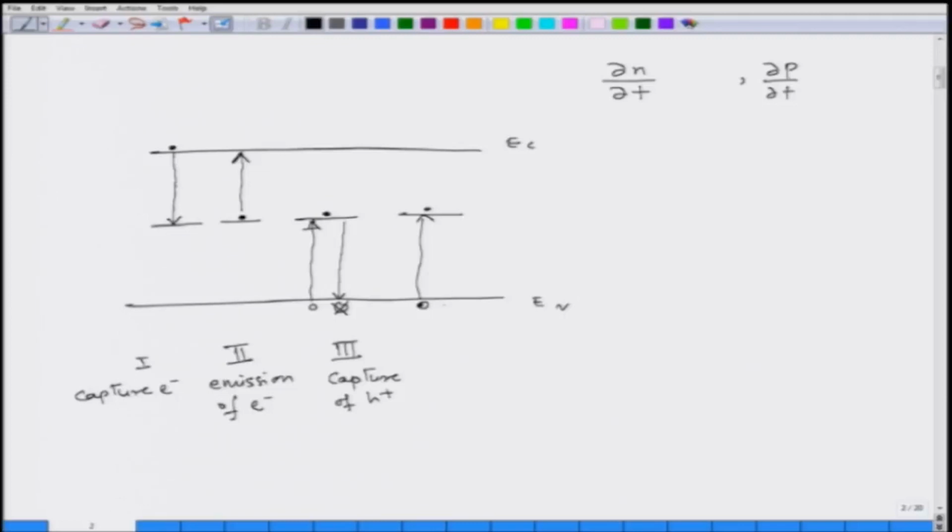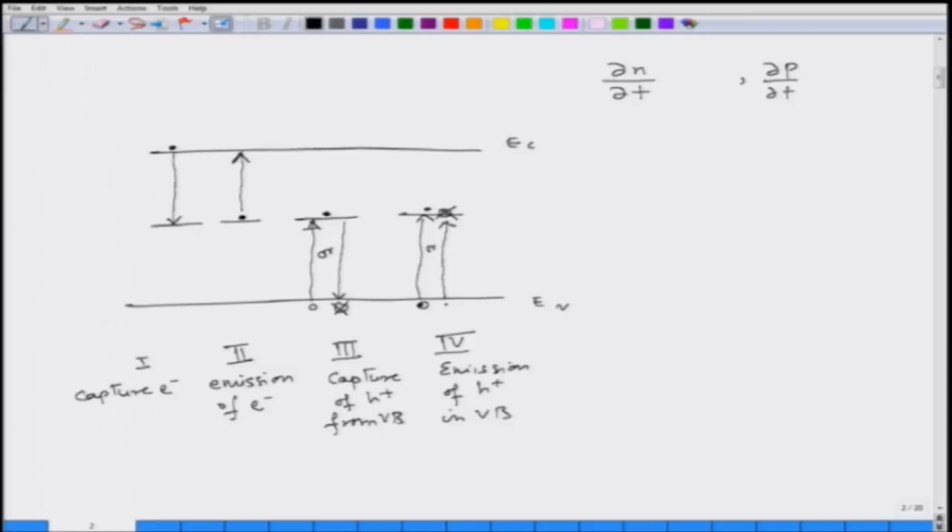This is also sometimes seen as an electron annihilating a hole. So, these are different ways of looking at the same thing. Basically, this is the same process by which you are emitting a hole in the valence band. This is capture of hole from valence band.